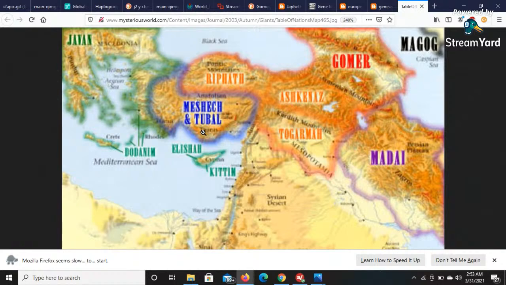Madai, Meshach, Tubal, Javan, and Gomer. So we're going to just say this is an R. Let's say this is an N. This is a T and an S. Who knows? I don't have any ideas really.